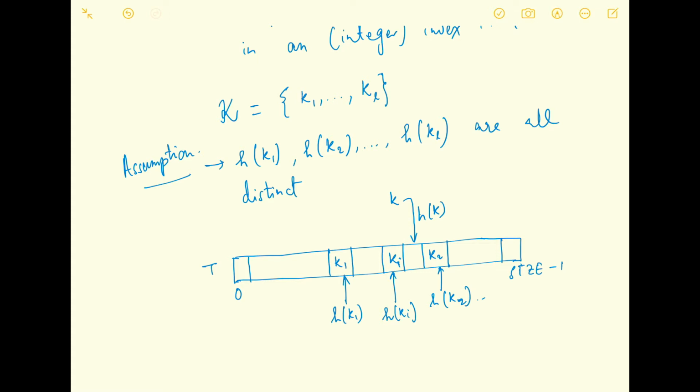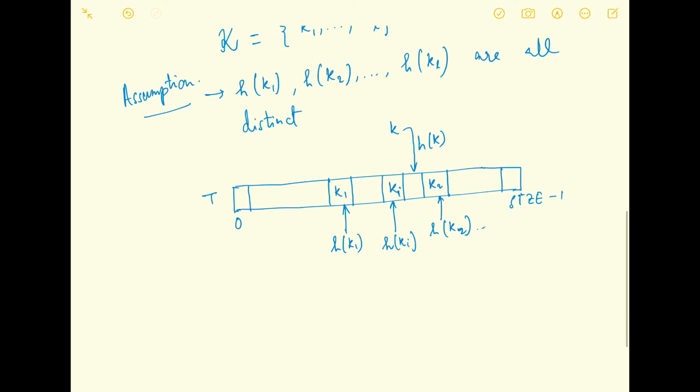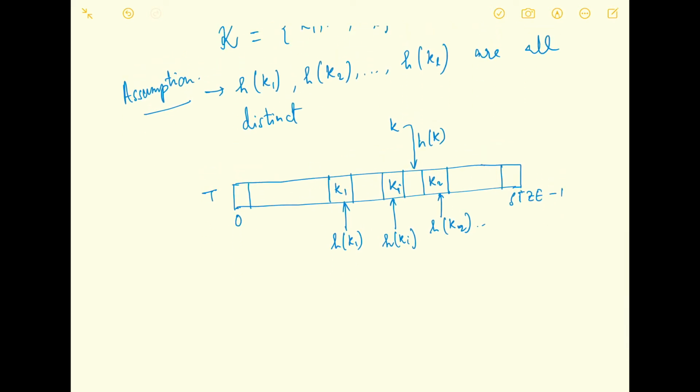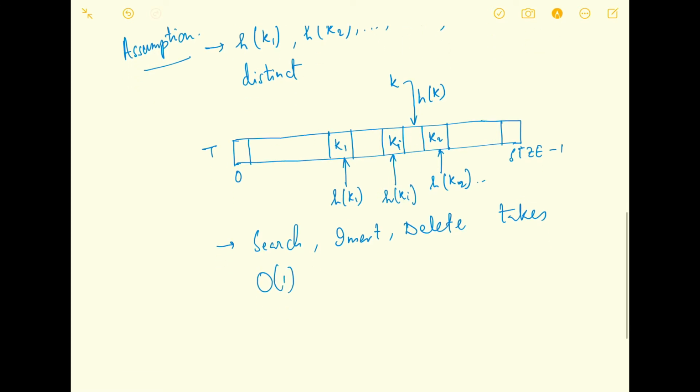All these search, insert and delete can be performed in order 1 time in the worst case. So in this case, search, insert, delete take order 1 time in the worst case.